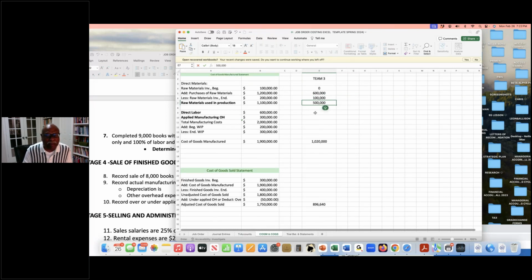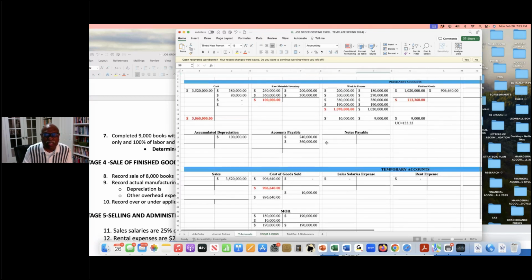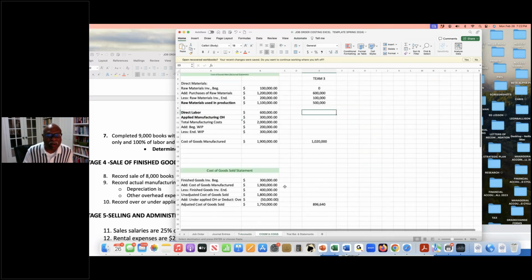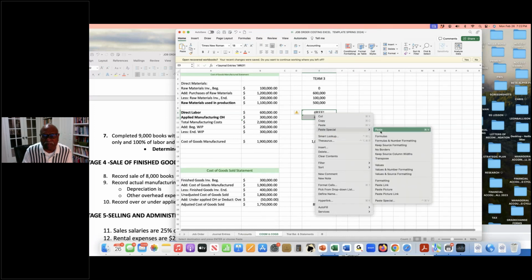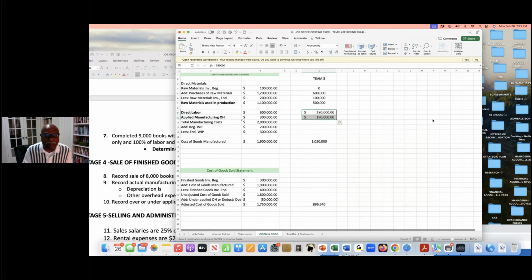How much was the labor? 380,000. So we can come right in here and copy these numbers. Got our values in now.